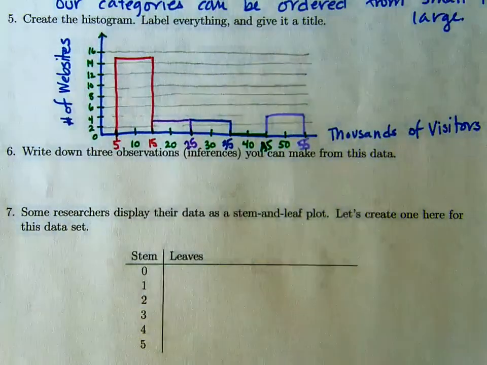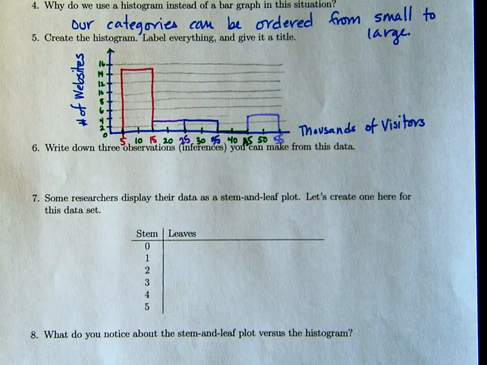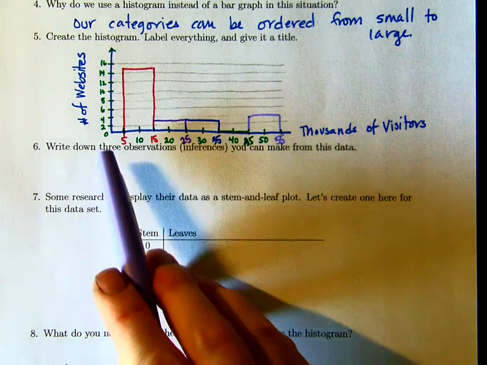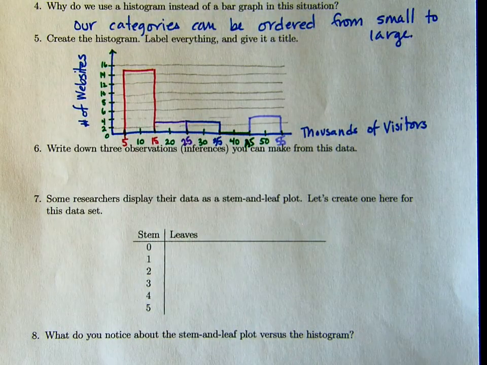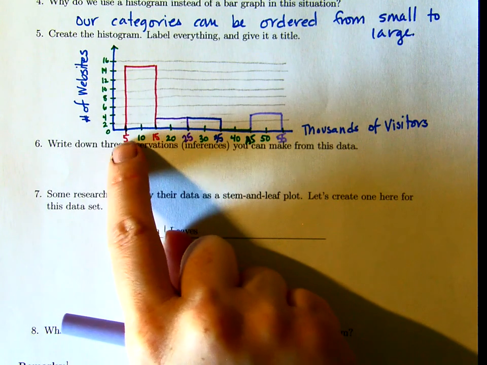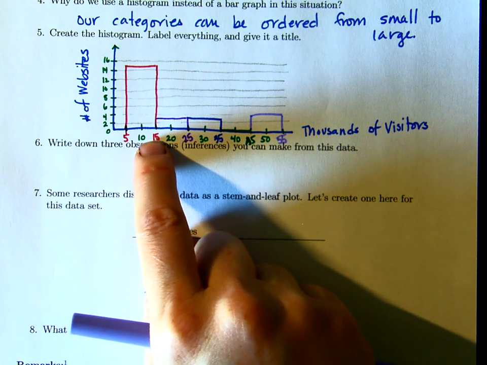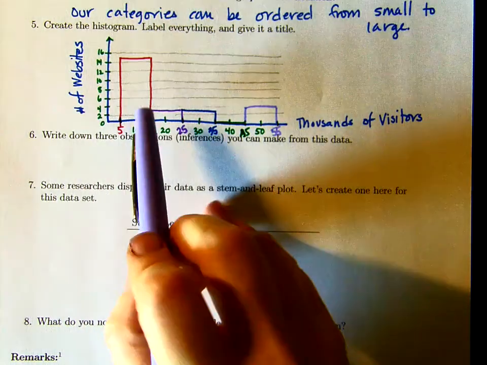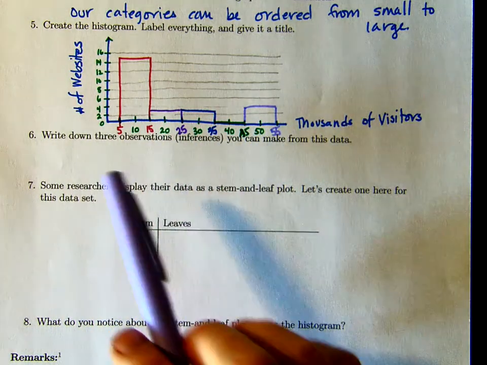Okay. So notice that we have created a histogram, which is very similar to a bar graph, but we were able to order this from small to large, and they kind of snug up next to each other because 15 is the breaking point between, so 5 to 14.9, and then 15, they're right next to each other because we are able to order them. So, got it.